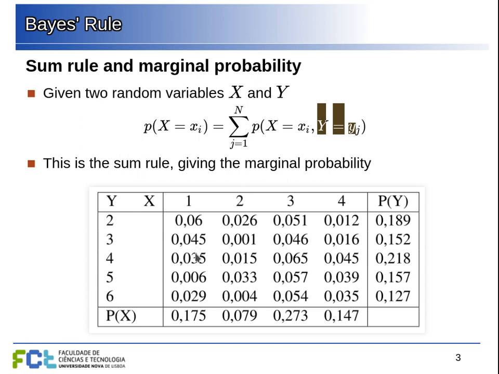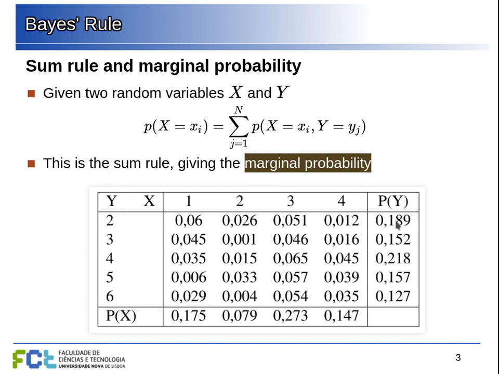So we are summing, for example, this column, and this gives us the probability of x being 1 regardless of what y is. So this is why we call it the marginal probability, because we find it here at the margins if we do this sum on the table with the joint probabilities.